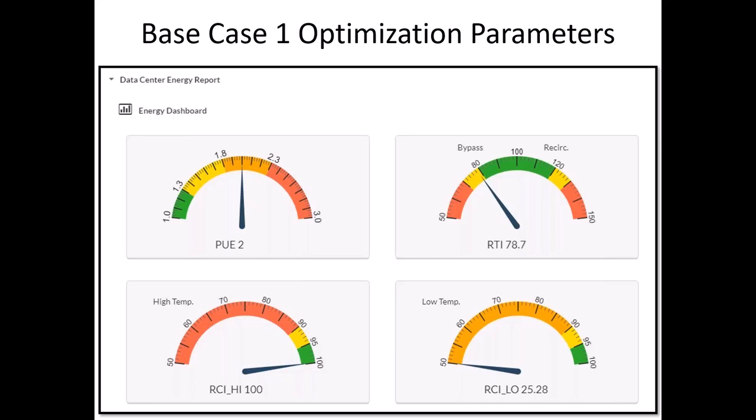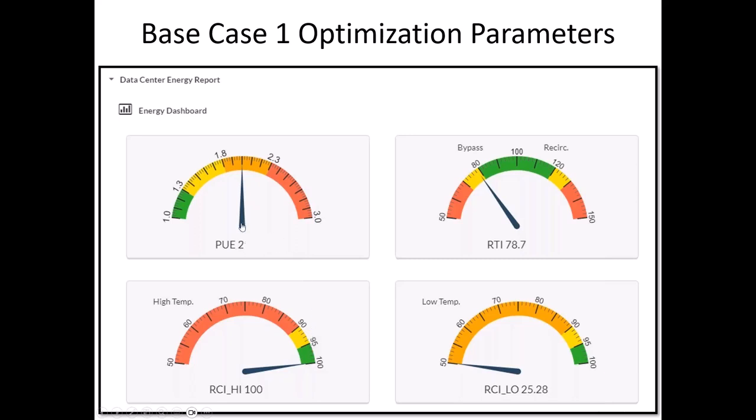So here we have PUE, RTI, RCI high, and RCI low, all displayed at the same time on a chart. And this is going to be part of CoolSim. The CoolSim output report, I'll show you in a moment, includes this. We're generating this for you automatically.